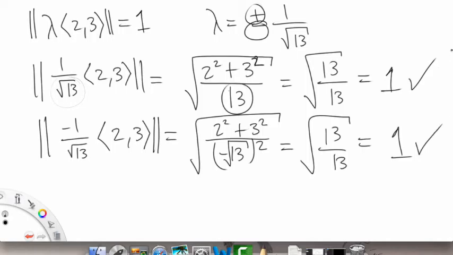So we're good. This is a unit vector, and we found the correct scalar values for lambda.